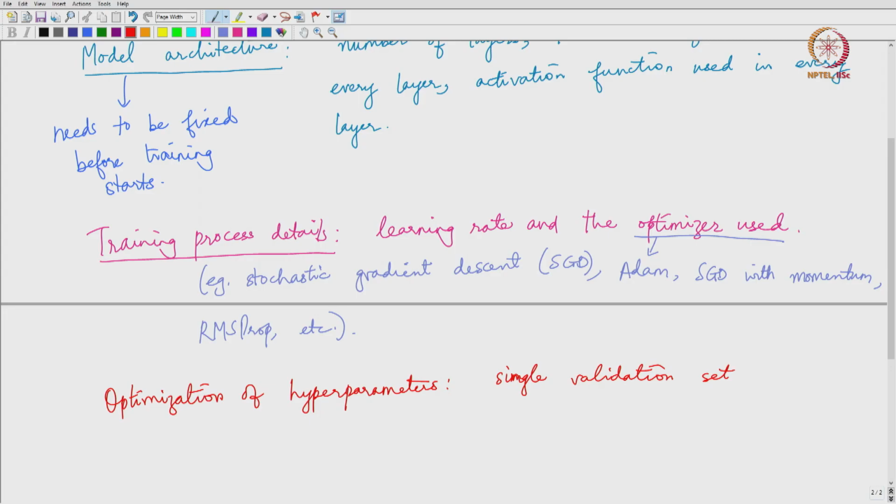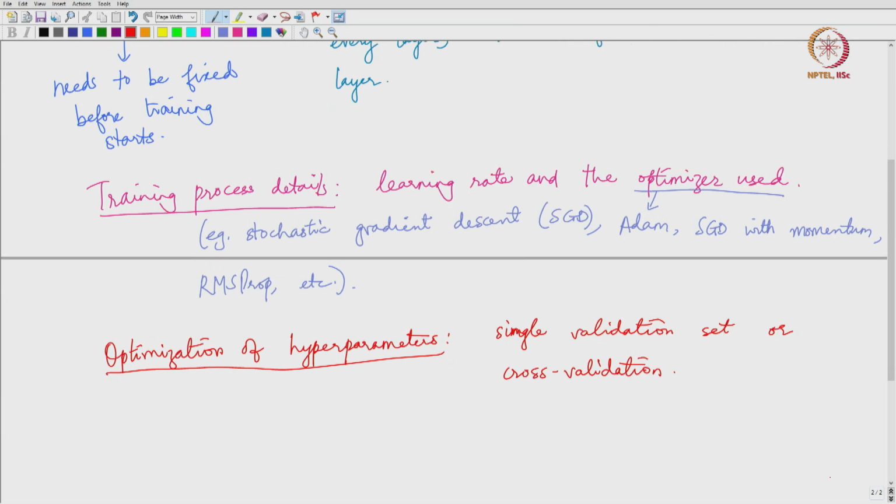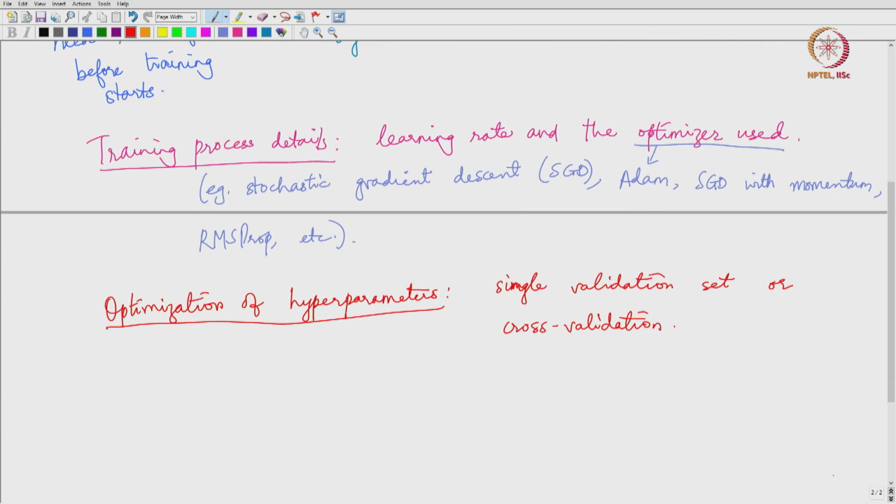So either you work with a single validation set, or if you are willing to set forth the compute time, then you can also do cross validation. But mostly people like to work with a single validation set by monitoring the train loss as well as the validation loss. Alright. So this is all about the hyperparameters and how we will choose them.